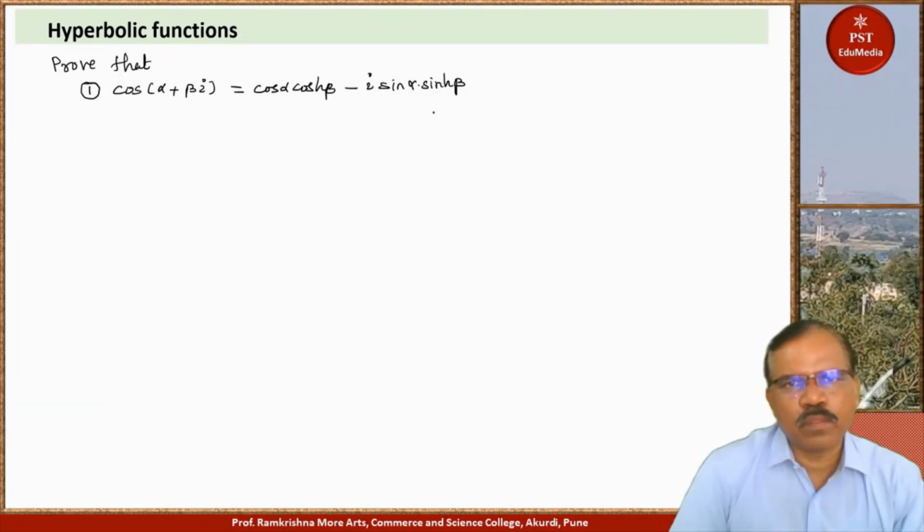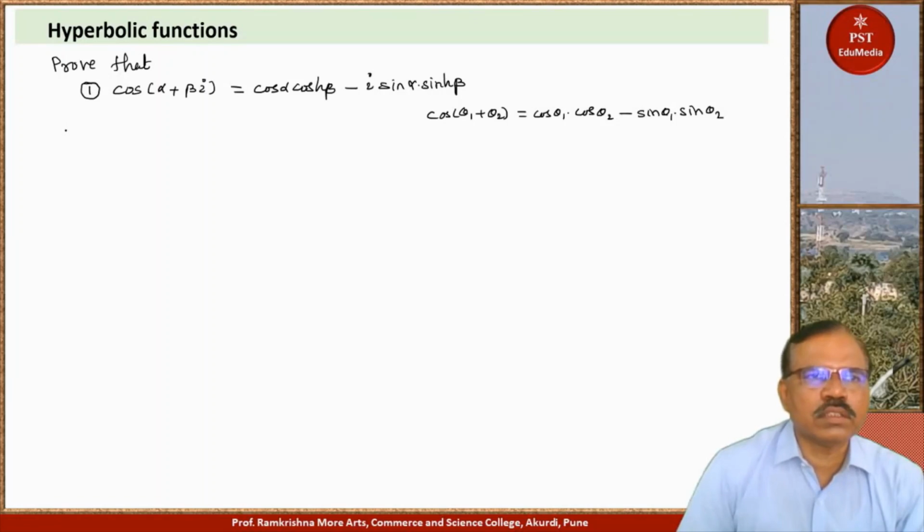Now we know cos of theta 1 plus theta 2 is equal to cos theta 1 into cos theta 2 minus sin theta 1 into sin theta 2.